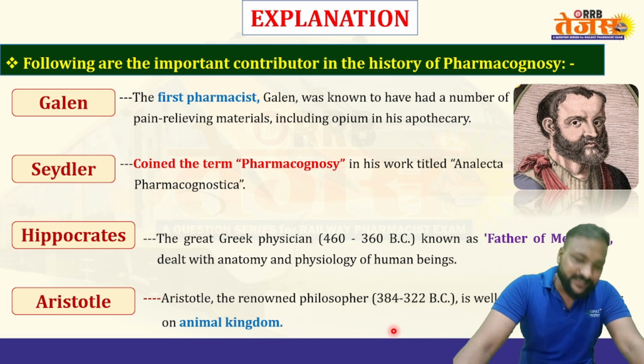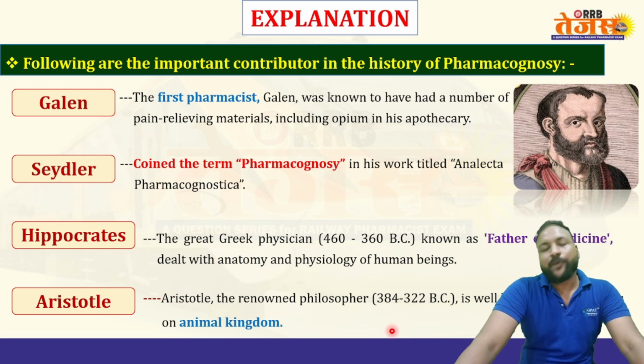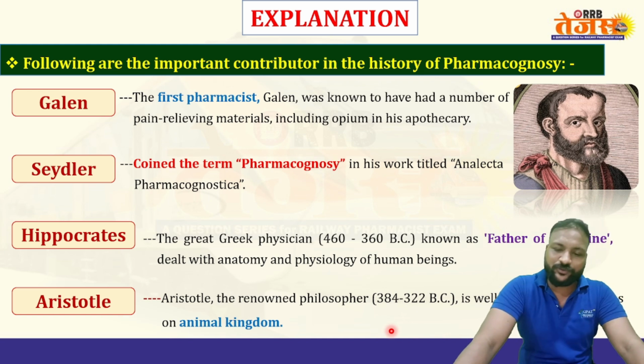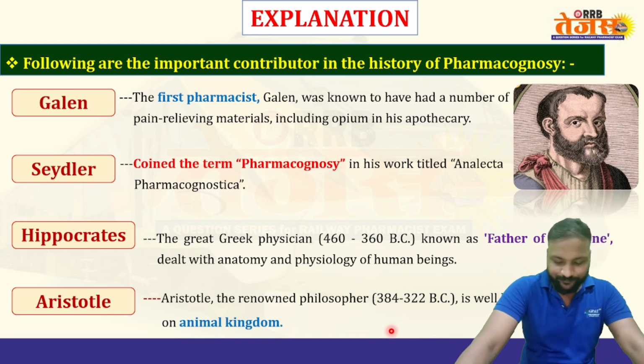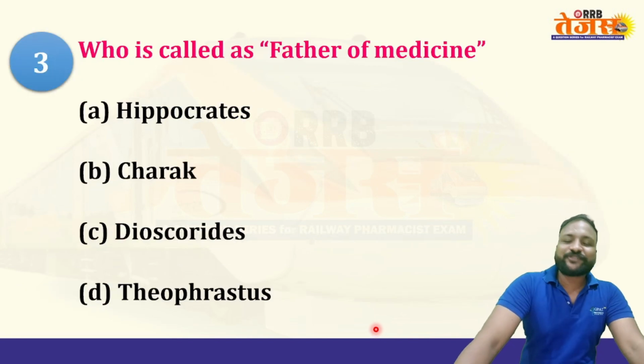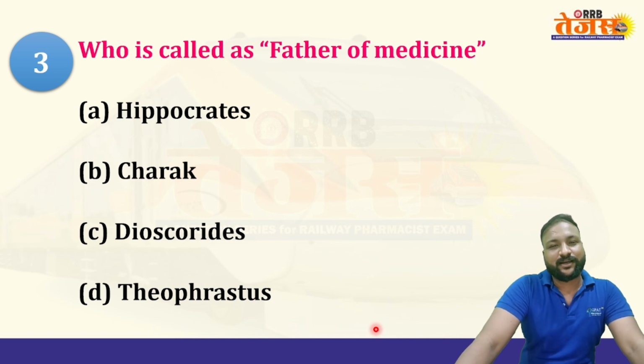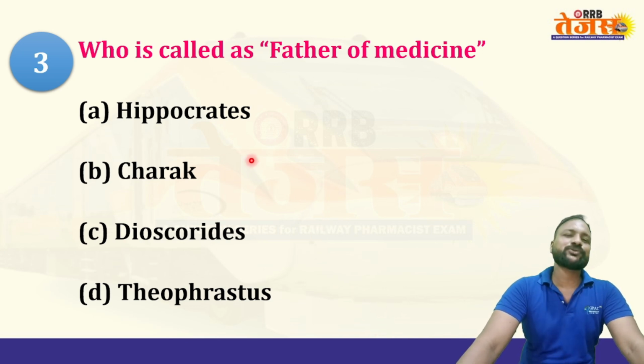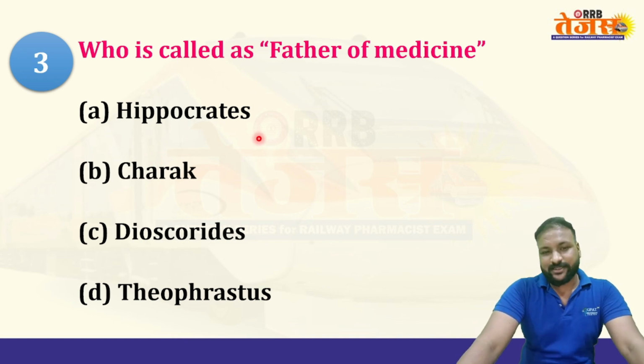Clear? Yes. So that's about some of the important personalities in pharmacognosy. Now we'll go for the third question in this series. Who is called the father of medicine? Just now I explained some of the important personalities in the history of pharmacognosy, so you can easily choose the right answer.